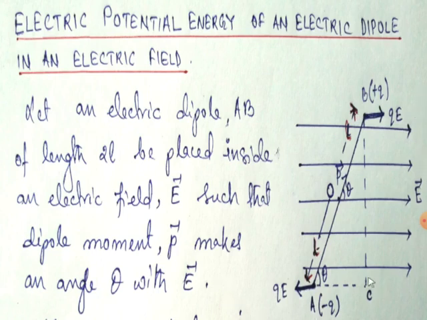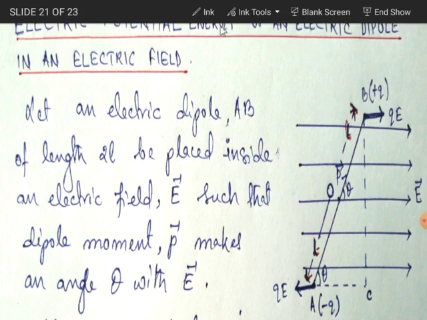If you place it inside the electric field E, this negative charge will experience a force in this direction, against the electric field E, but the positive charge will experience a force QE along the direction of the field. How do we define electric field E? E is defined as force per unit charge, force divided by charge.